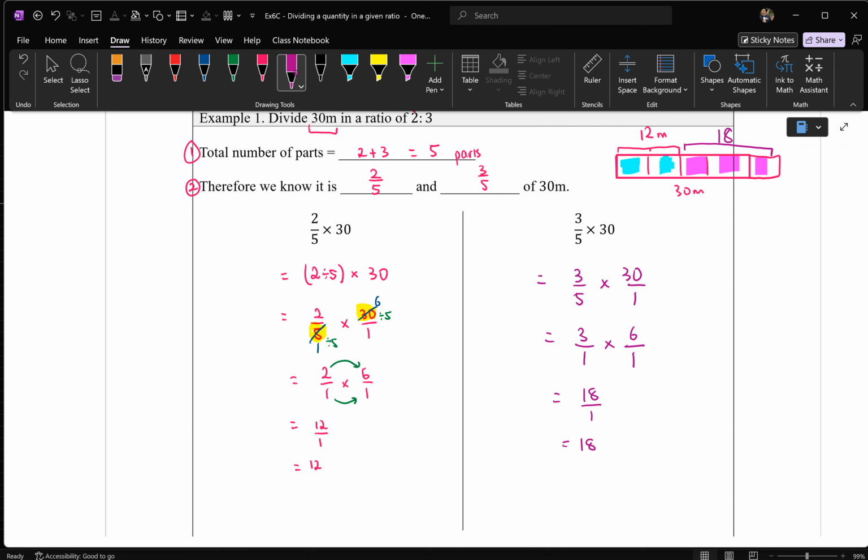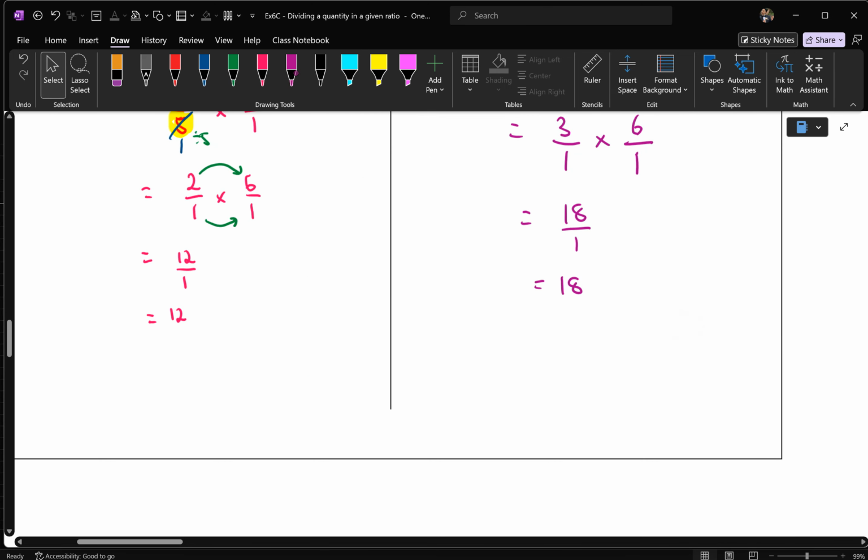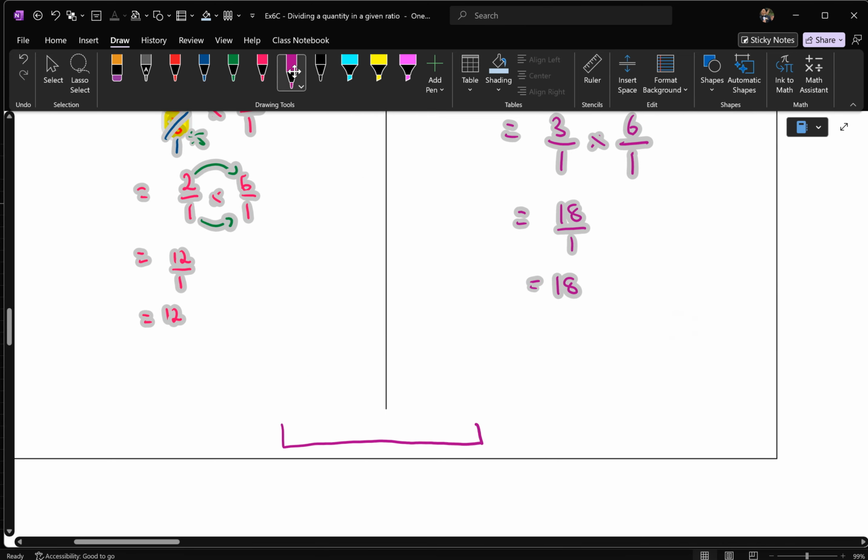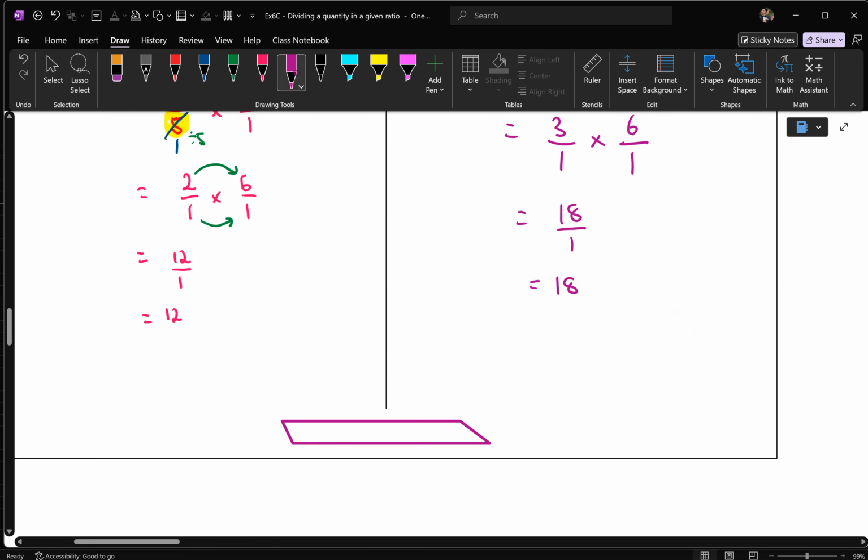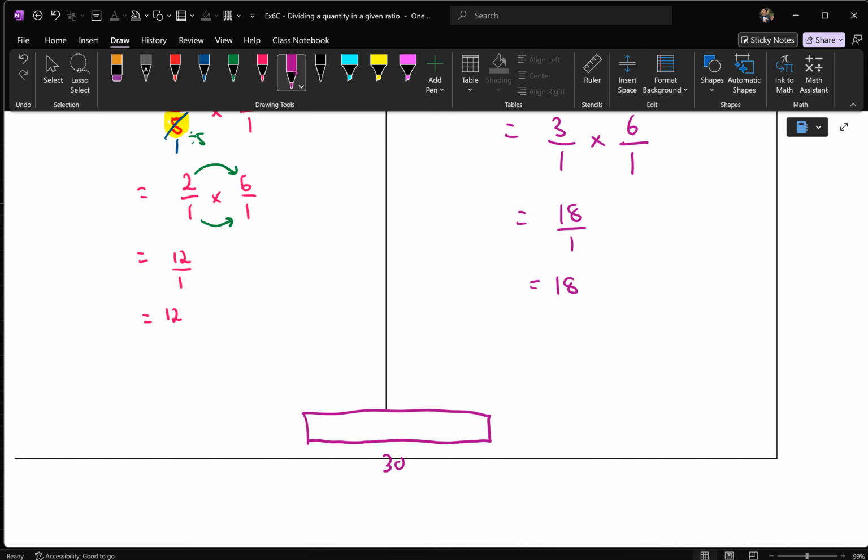So when we say, let's divide that 30 meters in a ratio of 2 to 3, what we're really saying is that if this whole block here was 30 meters, I've now split it up into a 2 to 3 ratio where this is 12, and the other part must be 18 meters, and 12 meters to 18 meters is the same thing as saying 2 to 3 ratio.